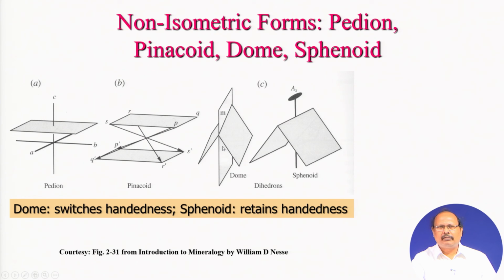So, for non-parallel faces, if they are related by a mirror, we call it a dome, and if they are related by a dyad, we call it a sphenoid. So, you now know that when you have a mirror, in a dome the 2 faces change their handedness, whereas a twofold axis is a proper axis. That is why in a sphenoid the faces retain handedness.